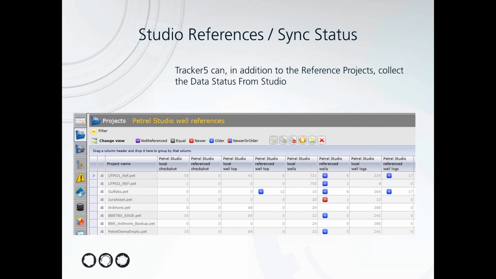So this is a really useful way to get that overview of both reference projects and Studio databases. As you start to move towards Studio, you're going to have some legacy reference projects for a while, and this will let you see how the data is handled between those two areas in that phase.